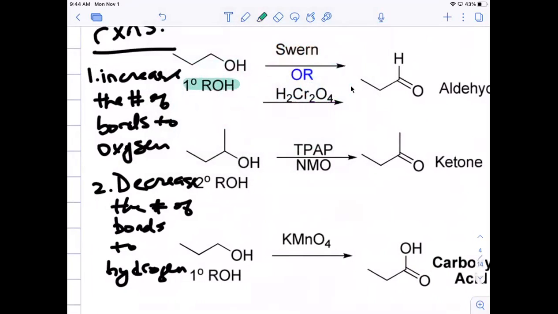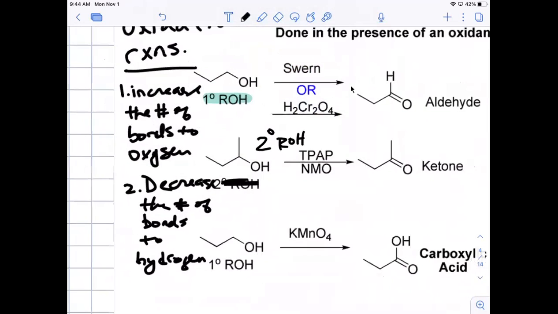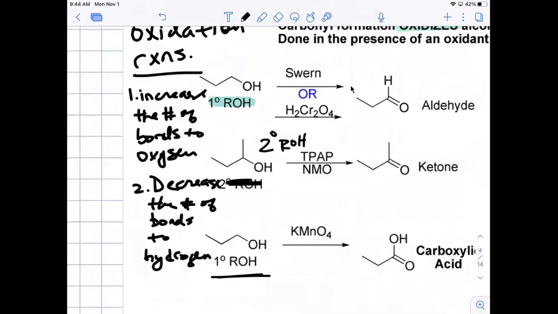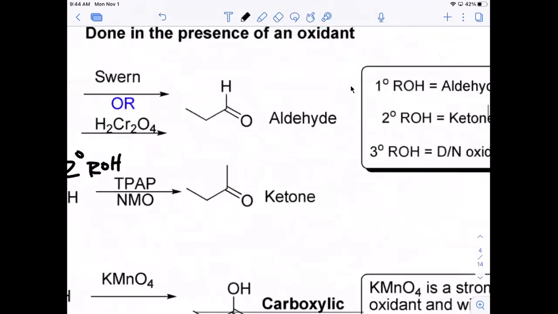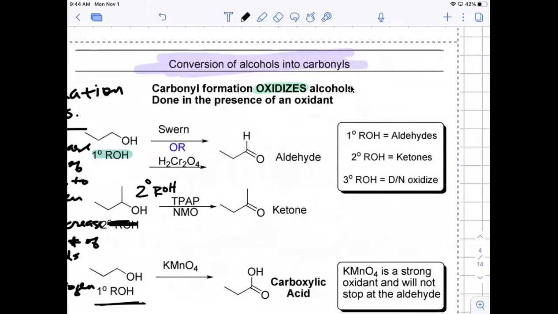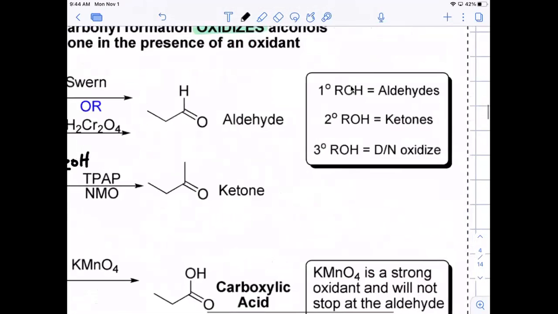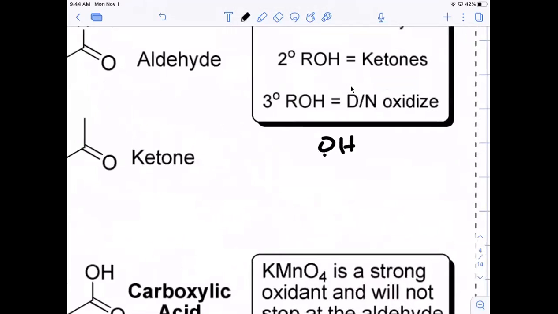Down here is a secondary alcohol. And we also have a primary here. You cannot oxidize a tertiary alcohol. All right. Let me show you. This is a tertiary. I'll just use butanol as the example.